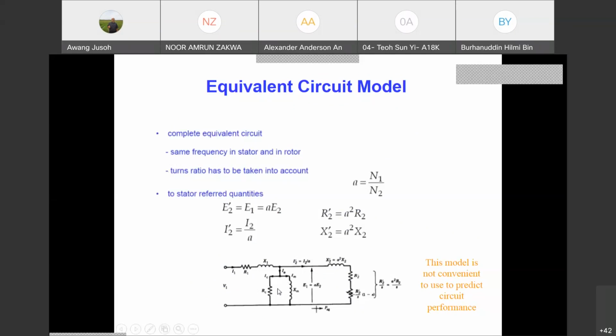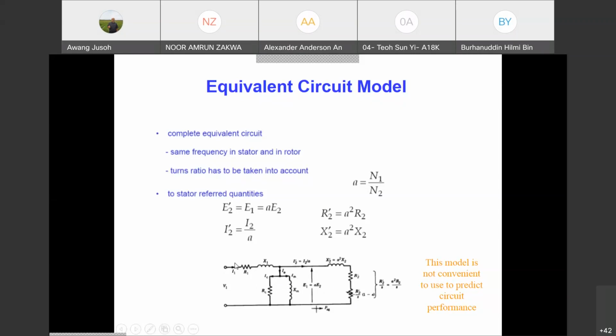We can embed the core loss into the mechanical loss, because the core loss is fixed. It does not change. Even if the stator current changes, the RC loss is constant. That's why you can remove this component and embed it into the rotational loss, the mechanical loss. And that's your XM.